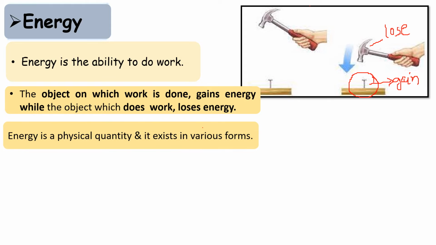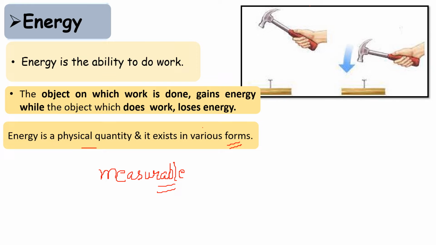Now, energy is a physical quantity and it exists in various forms. Physical quantity means we are able to measure it. Energy is a measurable quantity. Just like length or distance or time, we are able to measure energy, and it exists in various forms.